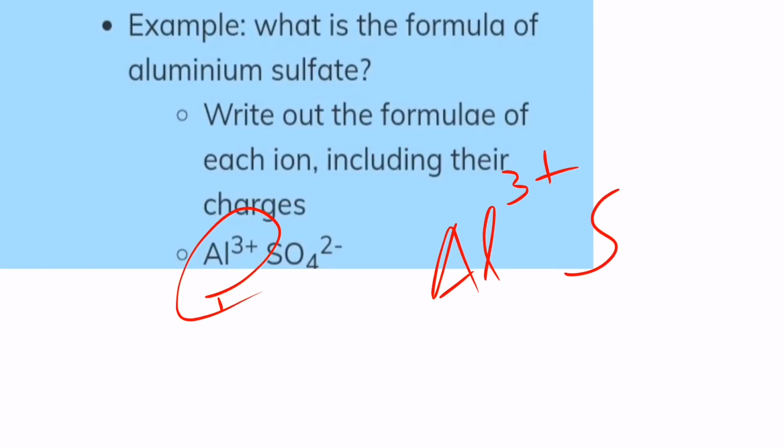So we have SO4 and then this is the charge. This is an ion, SO4 sulfate. It's a sulfate ion, which has got more than one type of element. So it has got sulfur and oxygen. All right, so 2 minus. Now what is the next thing that we do?